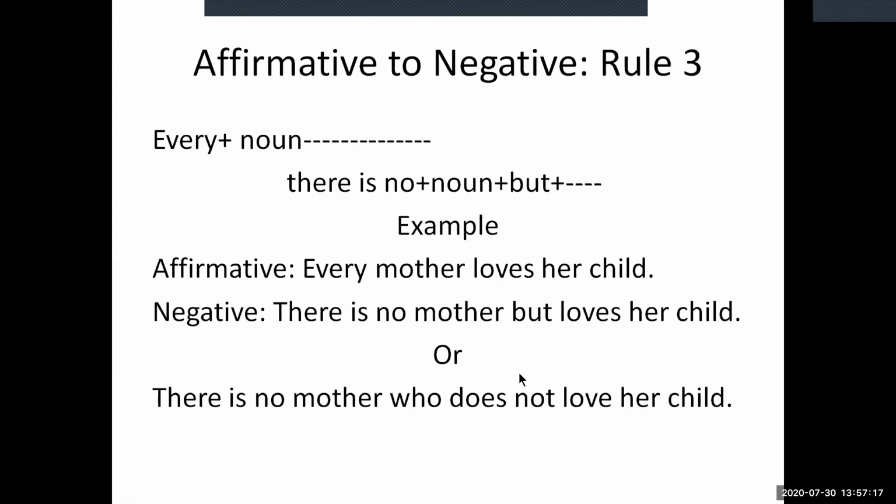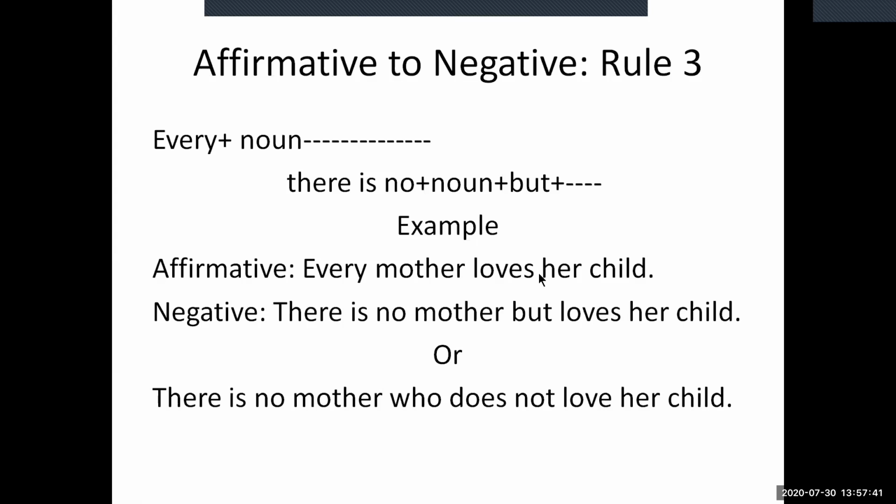So exactly this one. As this noun mother indicates a person, we are using the word who. If it indicated an object or something like things, then we would use which or that.